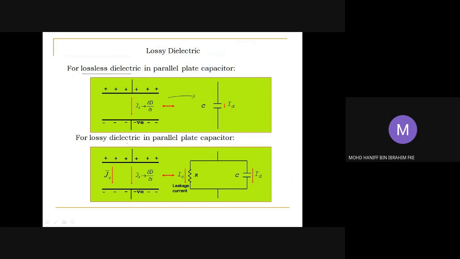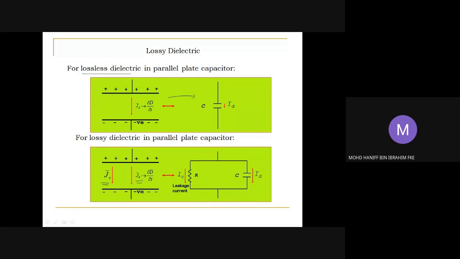But when we have lossy dielectrics, we have understood from the previous slide that for lossy dielectrics existing in the medium between the capacitor plates, there should be two currents, which are the conduction current, JC, and also the displacement current.